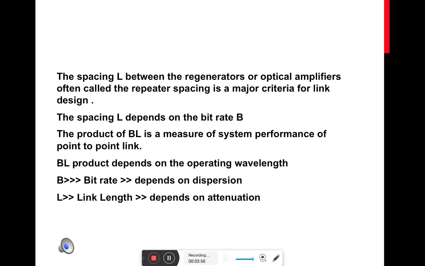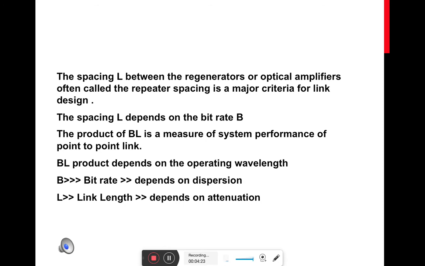The bit rate is nothing but the rate at which the information is transmitted through our optical fiber communication. This bit rate depends upon operating wavelength. The product of bit rate into repeater spacing, that is the product BL, is a measure of system performance in point-to-point link. So in order to measure the performance of a point-to-point link communication system, we'll be evaluating the product BL.